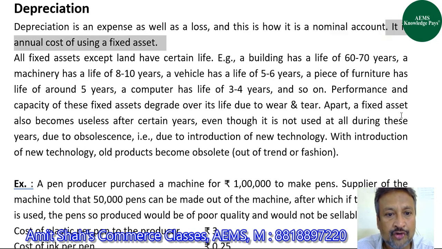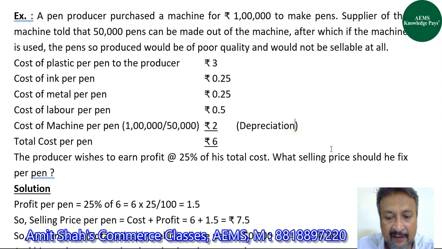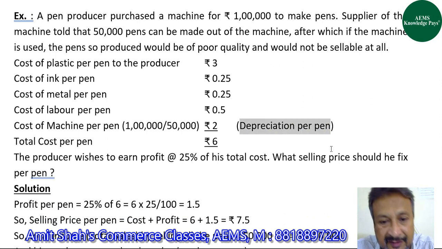It is annual cost of using a fixed asset. Fixed asset has life of more than 1 year. So what is its annual cost or per year cost? And that is depreciation. Here the depreciation that I have calculated is per pen, not per year. The only difference is this.